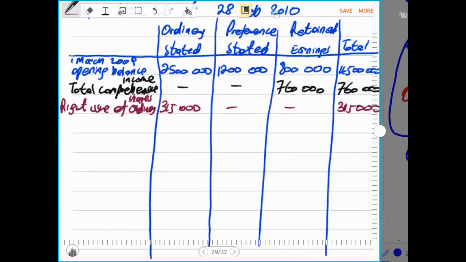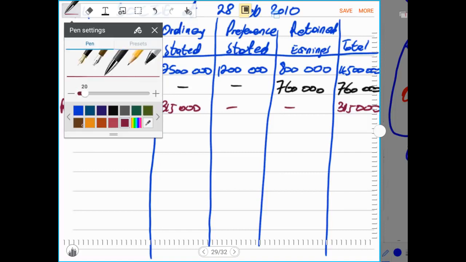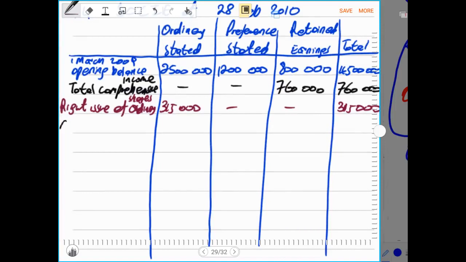Then there was a capitalization issue of ordinary shares. Let us record the capitalization issue of ordinary shares.